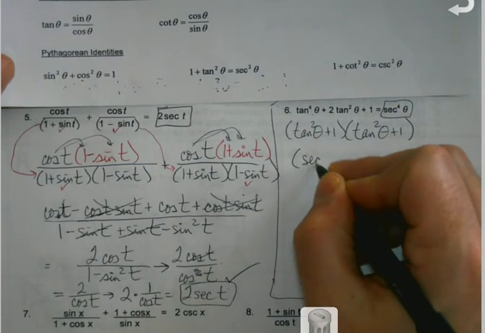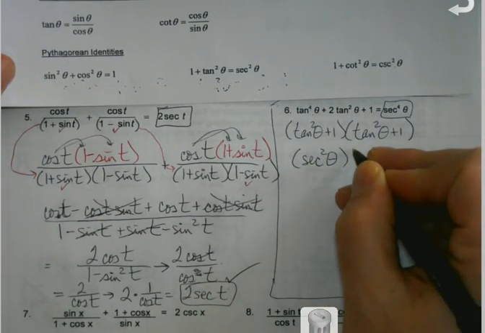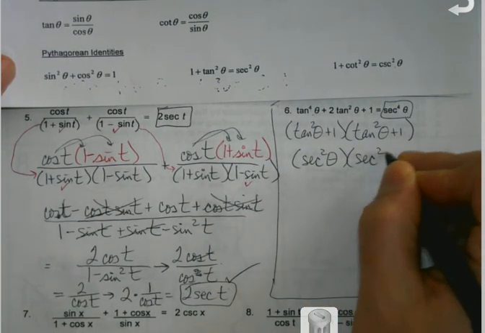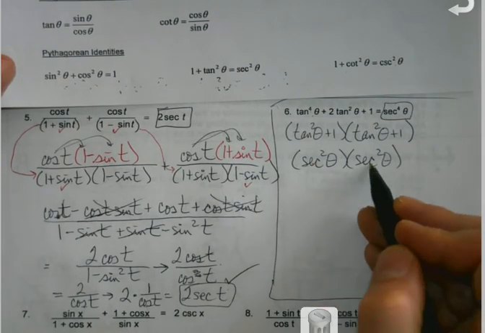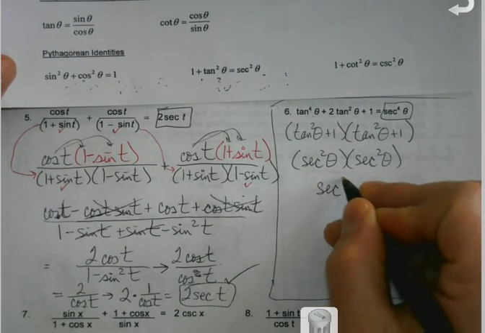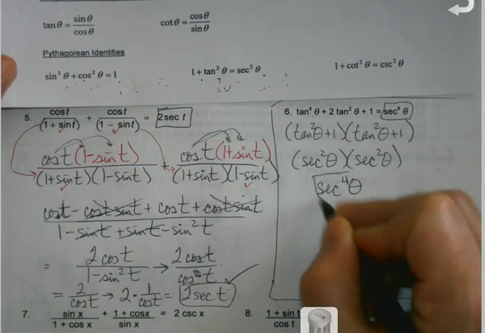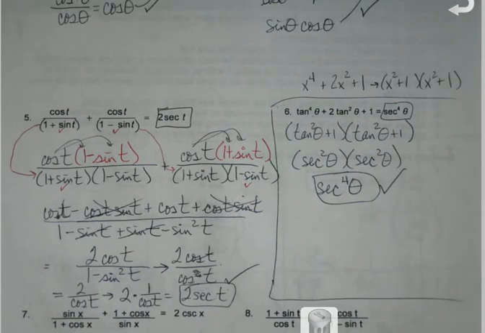So secant squared times secant squared is like x squared times x squared, which is x to the 4th, or in this case, secant to the 4th. And I'm done.